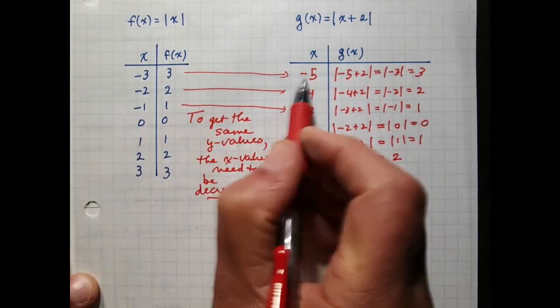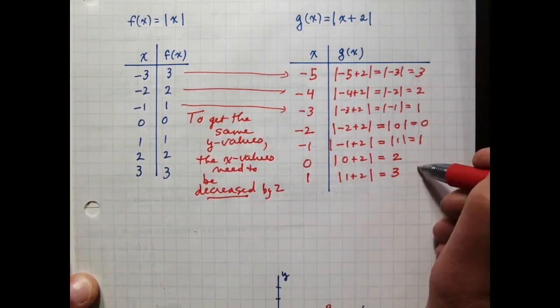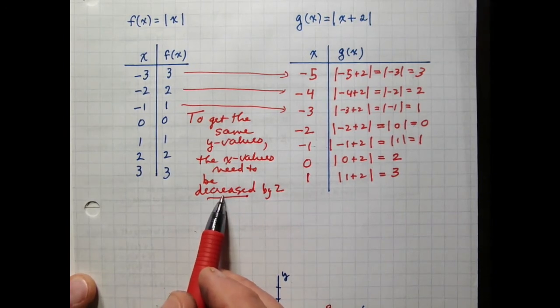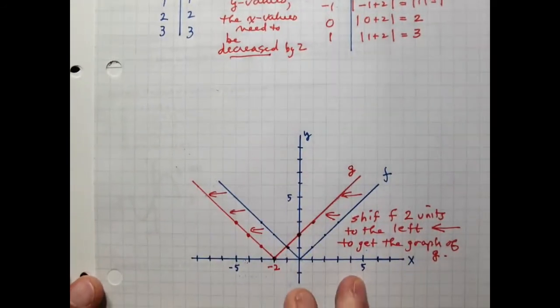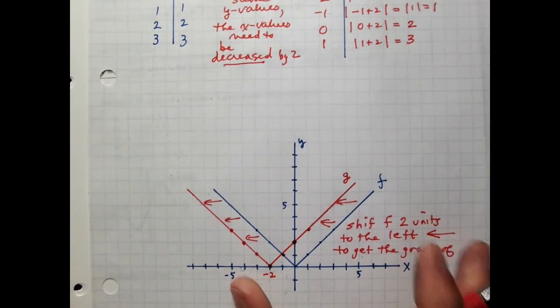So 2 less than negative 3 is negative 5. 2 less than negative 2 is negative 4. And then I get the same y values. So it's really this decrease idea here that's causing the graph of G to be shifted 2 units in the negative direction. Now you've got to just memorize this.